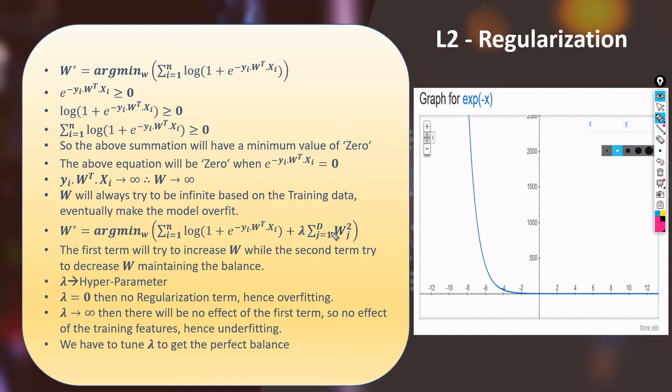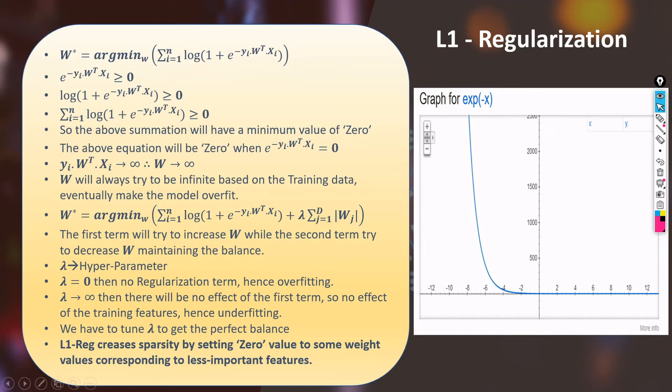And the regularization here we have learned is called L2 regularization. Similarly, there is another kind of regularization called L1 regularization. Everything is similar to what I have explained. Instead, if you see the optimization function, now the regularization term is different.